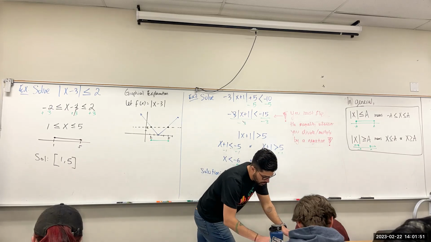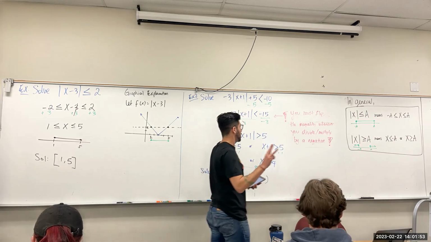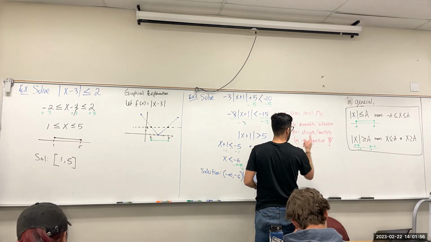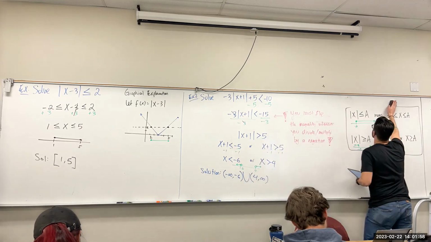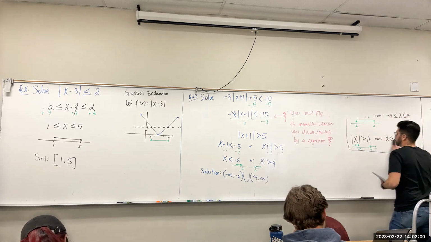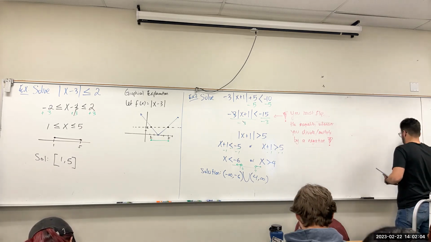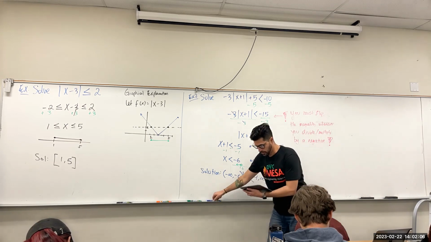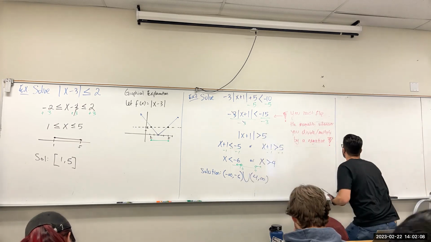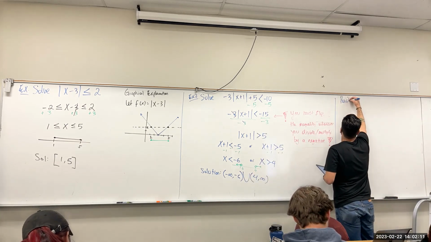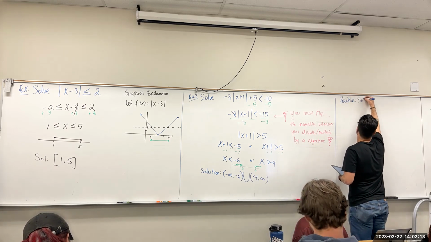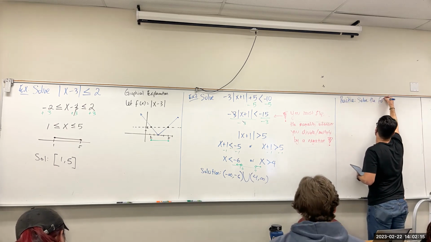Okay, let me have you guys try one. I'm gonna have you try 3. I'll leave this here. I am gonna have to erase this. Be careful with the negatives. All right, you guys practice these. Solve the following.